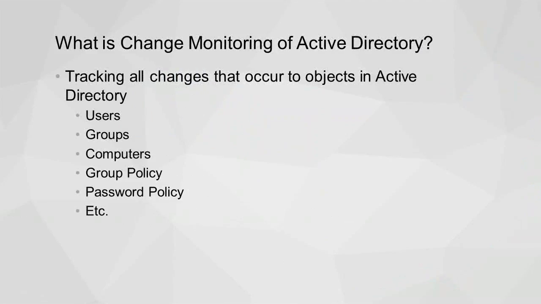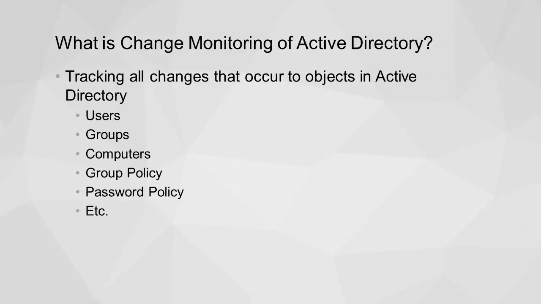So let's look at what my definition of change monitoring is. As an old Active Directory admin myself, and obviously an MVP in Active Directory, I know, as well as you know, that there are many different objects in Active Directory that can change. Obviously, we have the basics: users and groups, and user properties and attributes and group membership, and that's pretty obvious. But we have more complex configurations too.